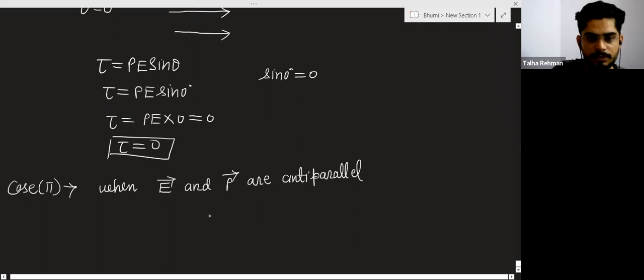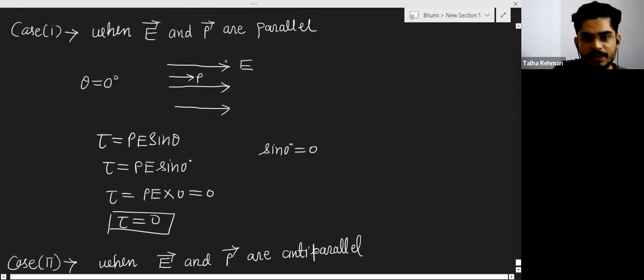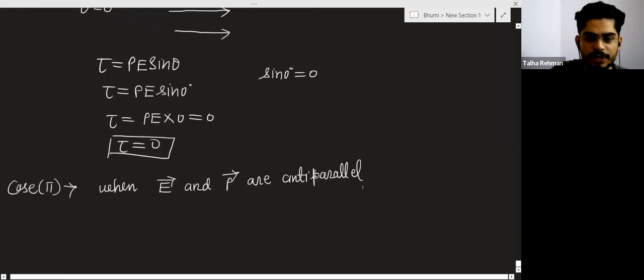See here, anti-parallel means electric field is in this direction and dipole moment is opposite to this. So in this case, theta is equal to 180 degree.